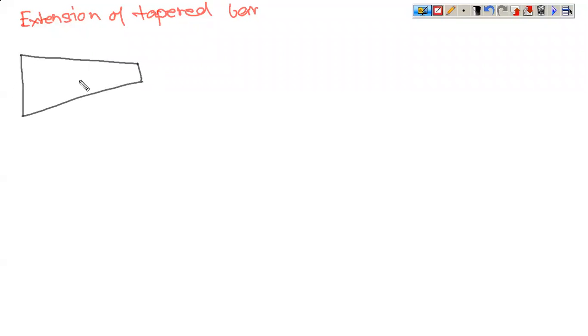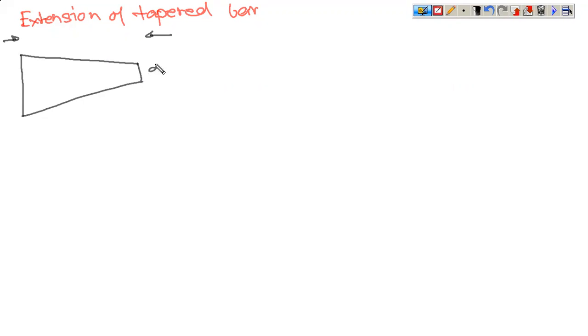But here this is a circular bar in which, if you look from this end, the diameter is continuously decreasing, and from the other end, the radius is continuously increasing.